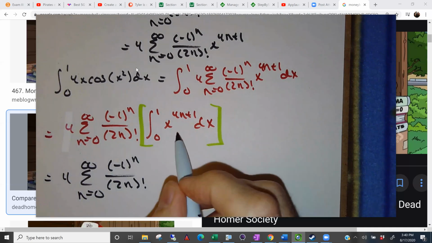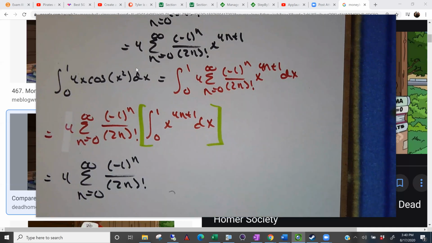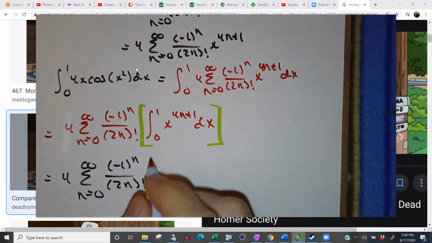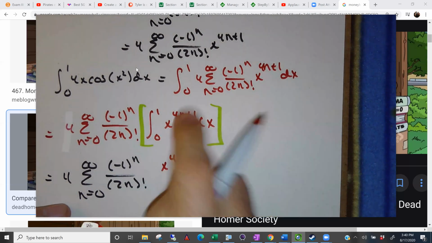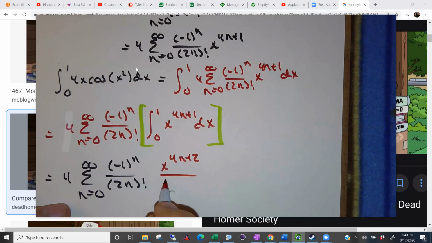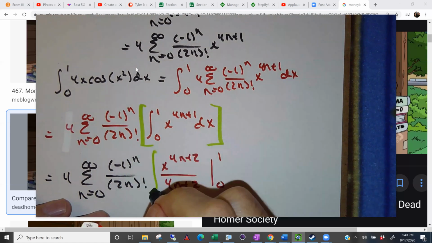The antiderivative of that is going to be x to the 4n plus 2, add 1 to the exponent, divide by the same exponent, 4n plus 2, evaluated between 0 and 1. I'll just kind of put a little bracket around that as well.